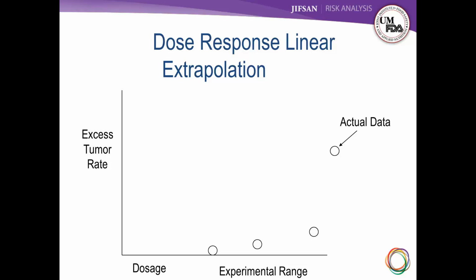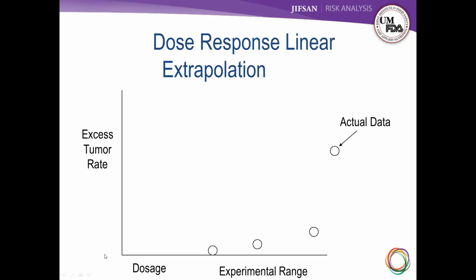So each point is an experiment. You'll notice that there are no doses in the low range because most of these data points were obtained in animal studies by giving animals doses of these chemicals. So there's an absence of data in this range in here.